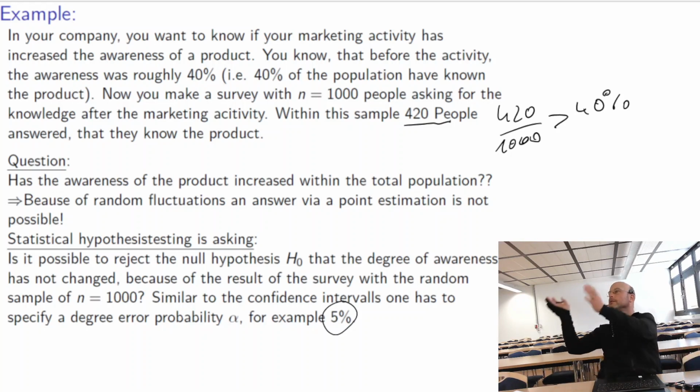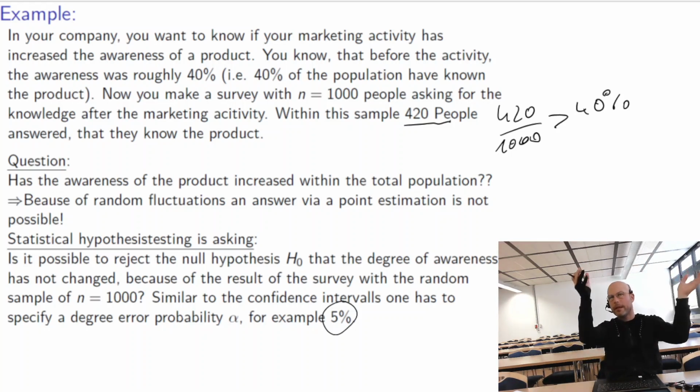Given this error, I can say, okay, assuming some distribution behind, mostly we take, of course, the normal distribution, my awareness of my product has increased. I only can answer, yes, I know that the awareness has increased if I would ask the total parent distribution.